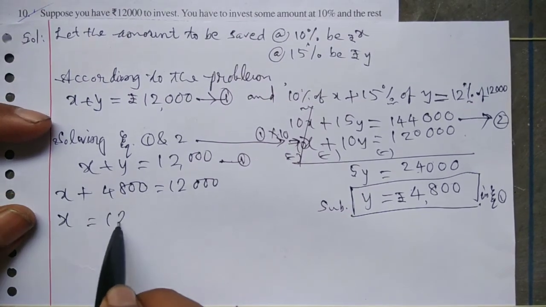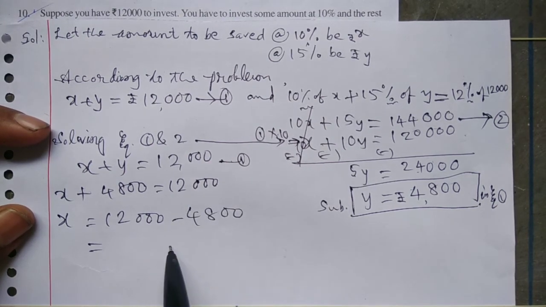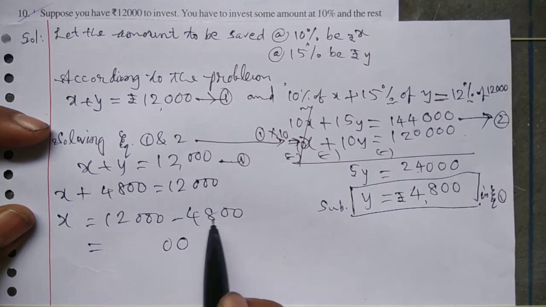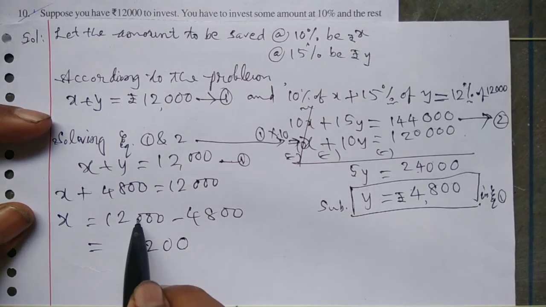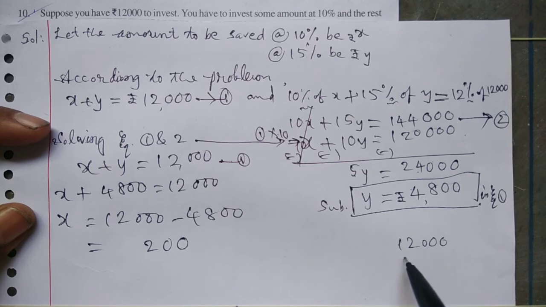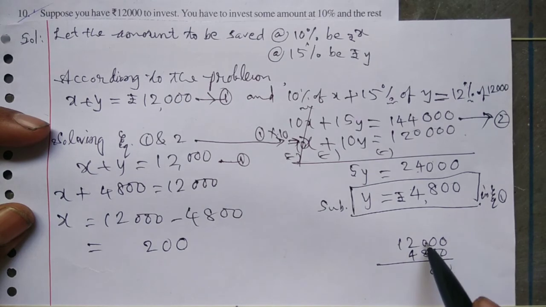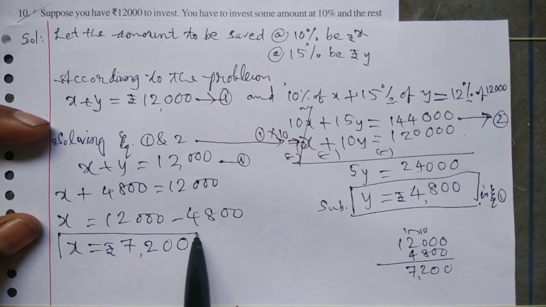So x is equal to 12,000 minus 4,800. Subtracting, we get 7,200. This is x.